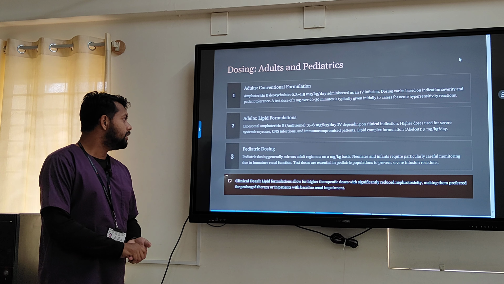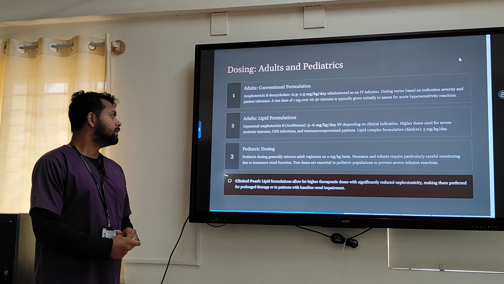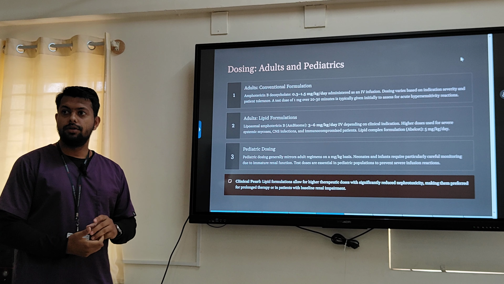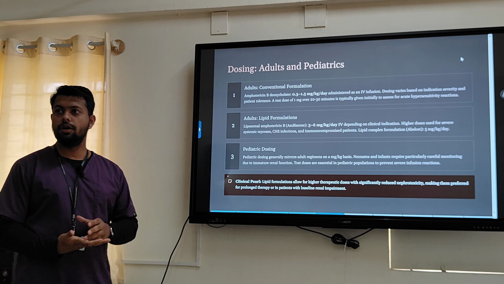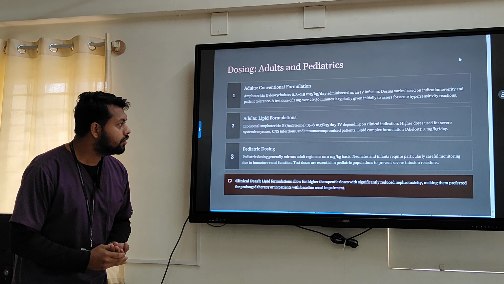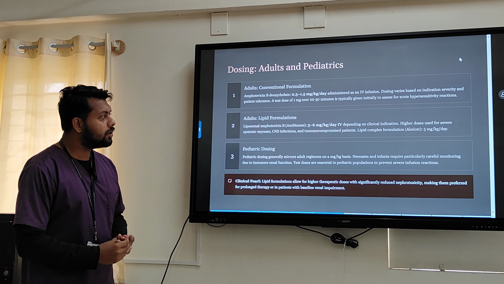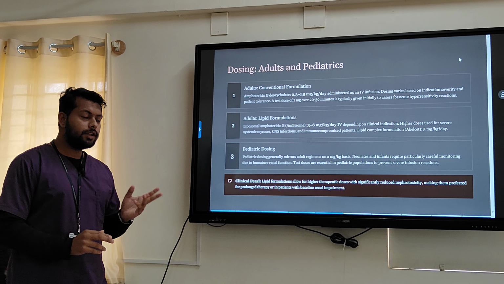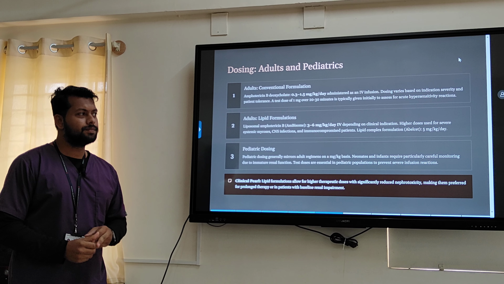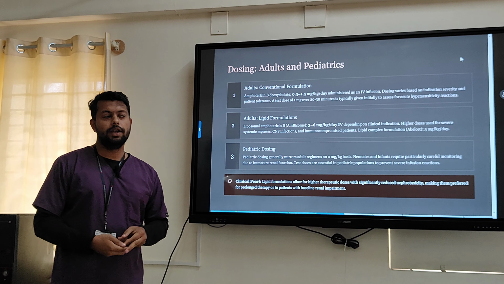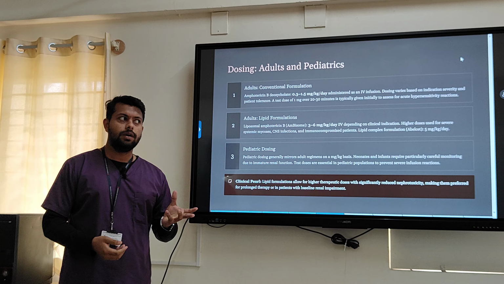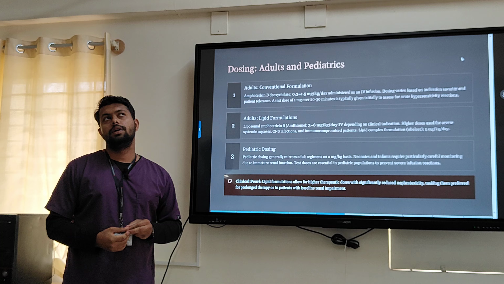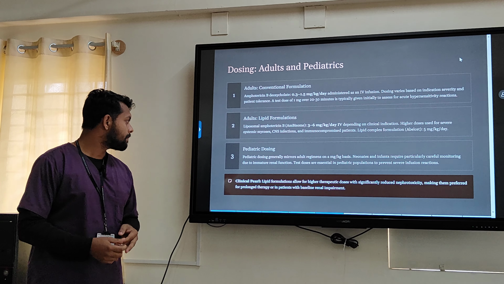Now the pediatric dose is generally the same as the adult regimen on a mg per kg basis, though the absolute dose we give is smaller. Neonates and infants require particularly careful monitoring due to immature renal function. Amphotericin has a known interaction with other nephrotoxic drugs, such as aminoglycosides.